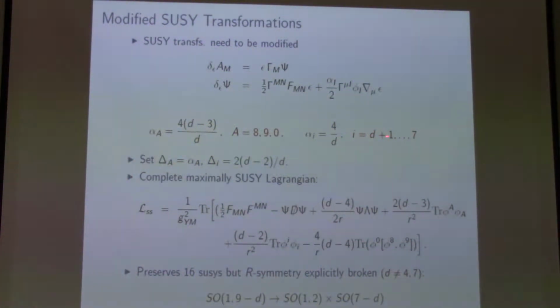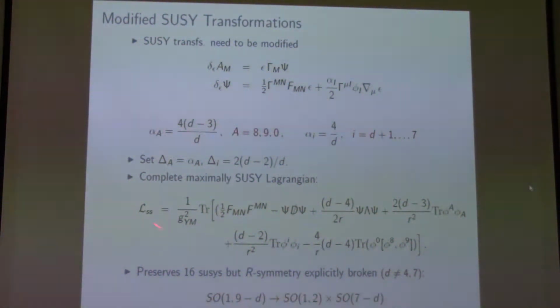And if I is not any of those 8, 9, or 0, but all the other possibilities, then it's equal to 4 over D. And then this coefficient delta A that appeared in the action, multiplied by the trace phi squared term, for the A indices 8, 9, 0, is equal to alpha A, and for the little I indices, it's equal to 2D minus 2 divided by D.